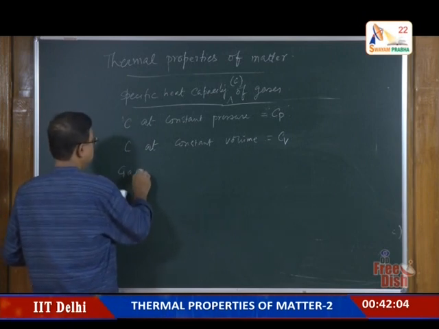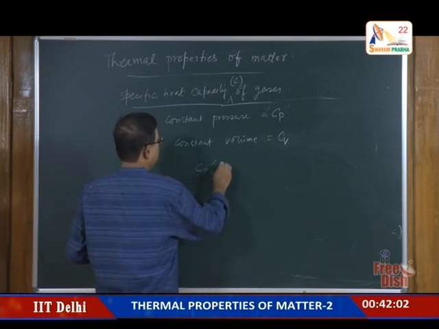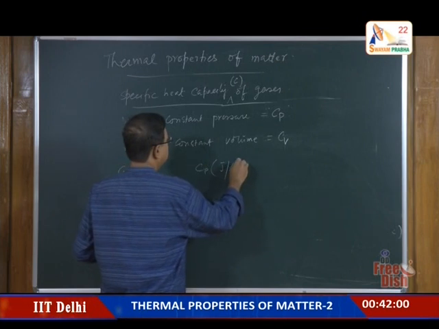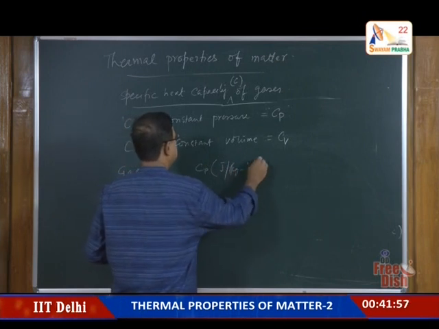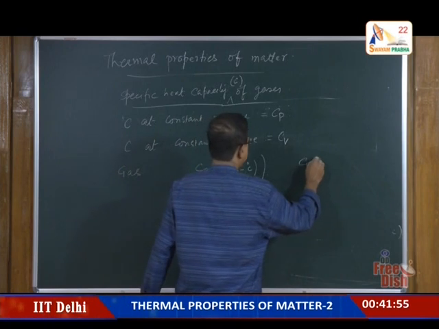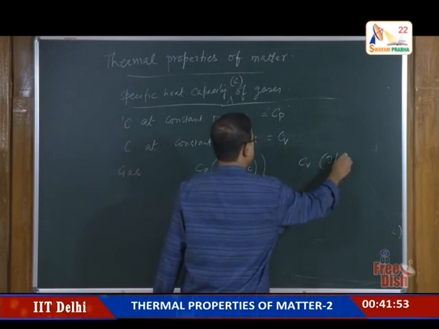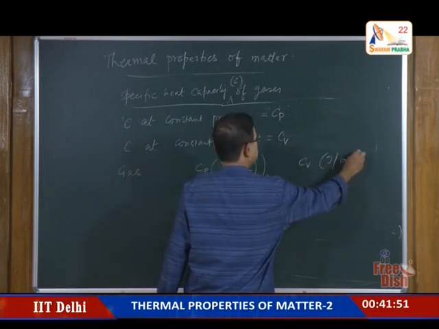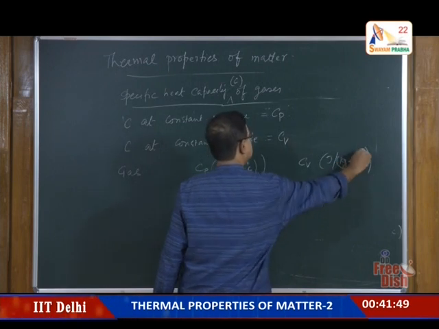So a gas and its Cp, again in joule per kg degree centigrade, and Cv in joule per kg degree centigrade.